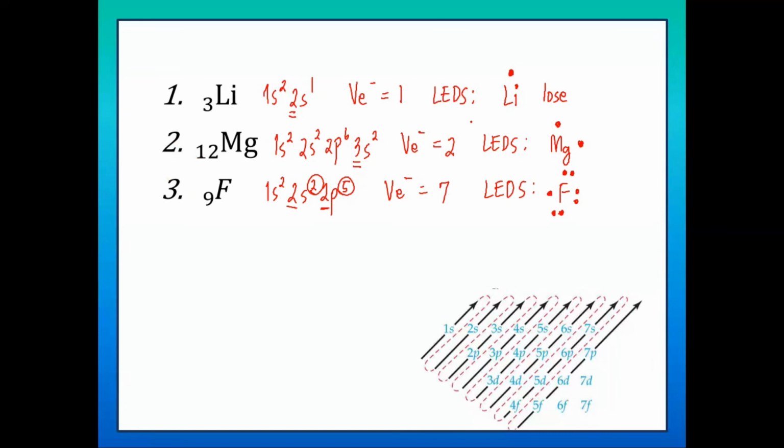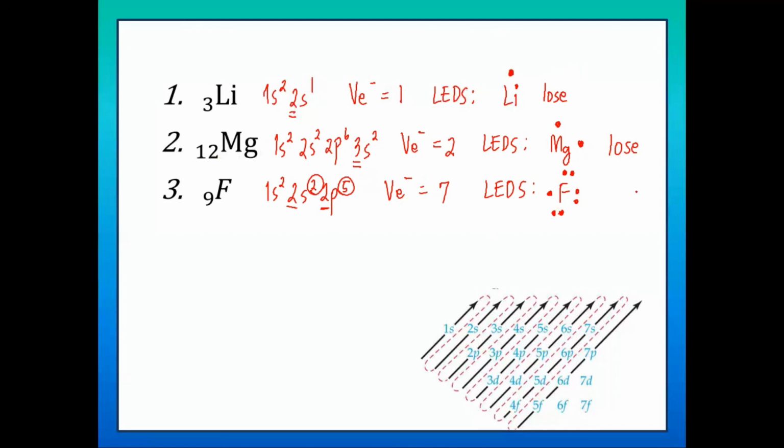Okay? So they tend to lose. Kasi nga, marami pang electrons ang kailangan to reach stability. So what they keep on doing is to donate it and then reach stability. Yun yan. So for magnesium, dalawa, metal, they tend to lose. That's the technique. Fewer valence electrons, metal, they tend to lose.